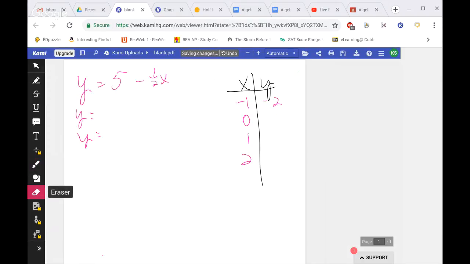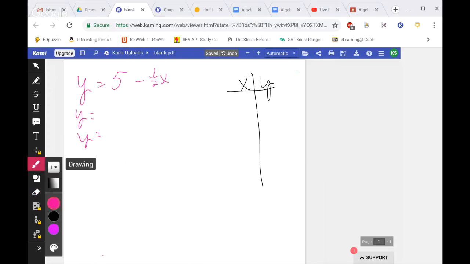So we're going to pick -2, 0, which works with anything, 2, and 4. And 0 makes life really easy.